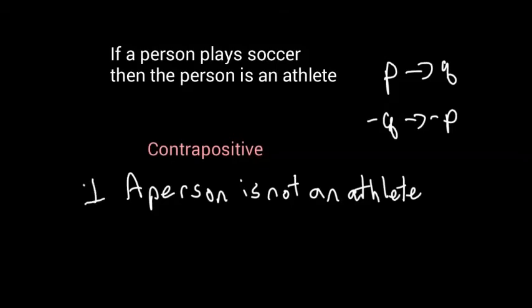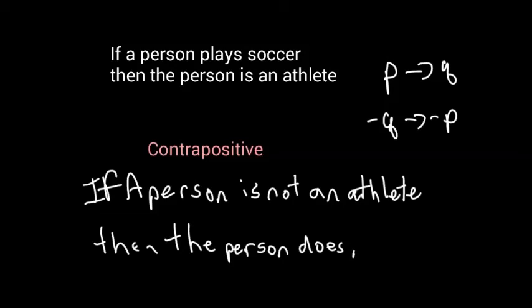So, if a person is not an athlete, then the person does not play soccer. So you can see there, I flipped my statement and I made them both negative.